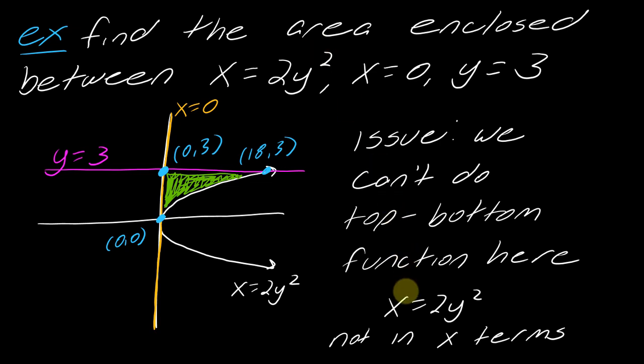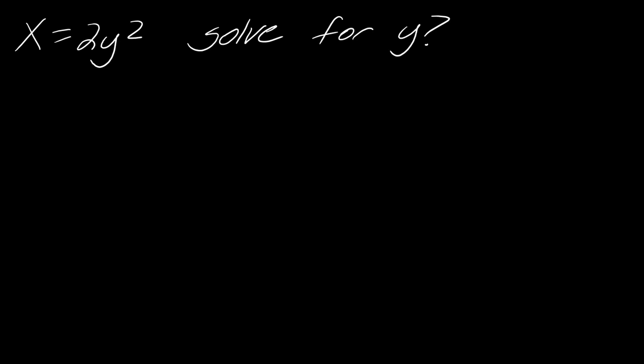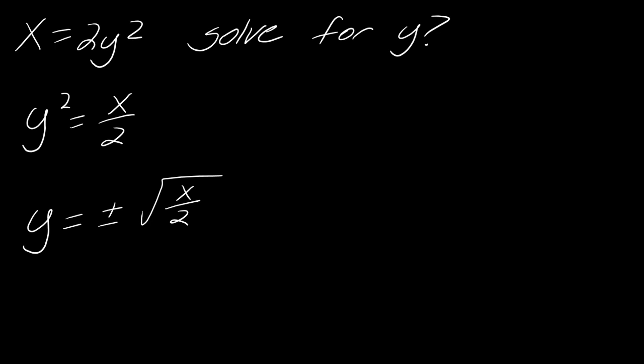If I wanted to use this equation but put everything in terms of x, I would have to solve this equation for y. So I have this x equals 2y squared, and I need it to be in that form of y equals this function. That's going to get a little bit more complicated with integrating, because if I try to solve for y, first I'll divide by 2, and then when I take the square root, I have plus or minus the square root of x over 2.